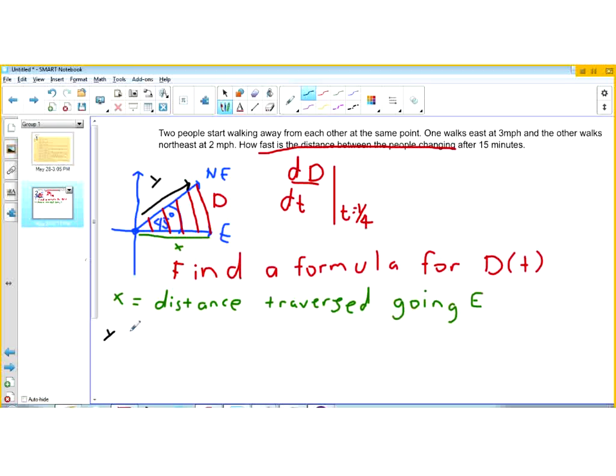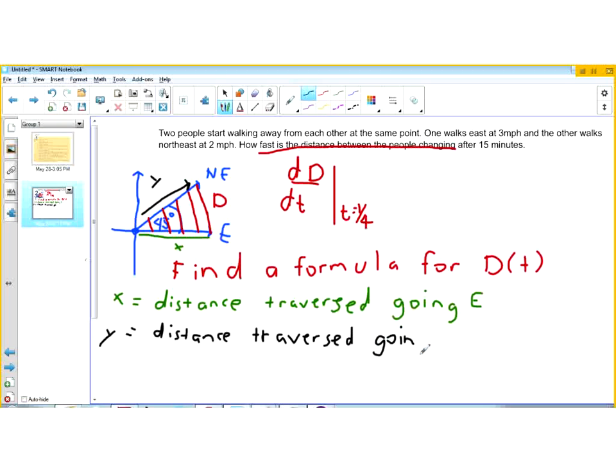Okay, so you see how we parameterized the system now? We've got three variables that have emerged in the solution to this problem. So Y is the distance traversed going northeast.